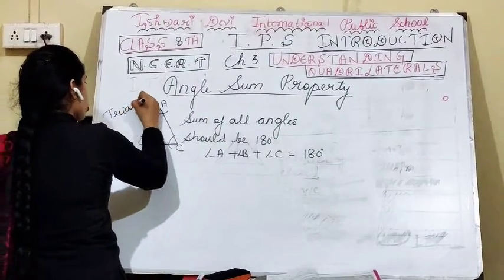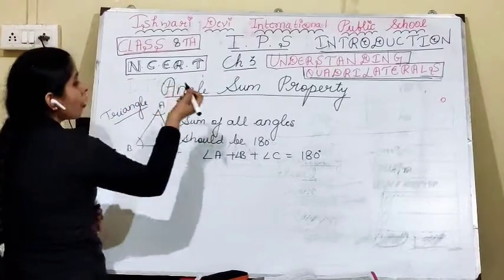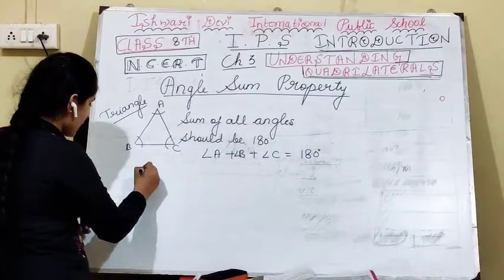Now we will learn about the angle sum property of a quadrilateral. So this is a quadrilateral.